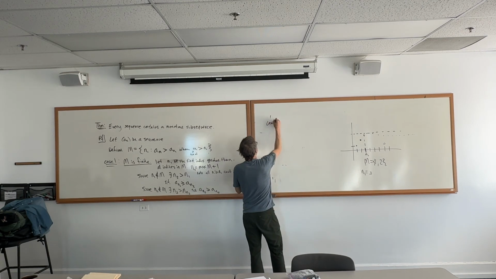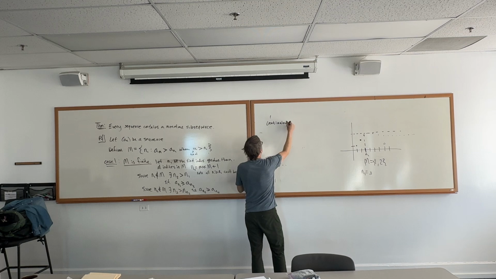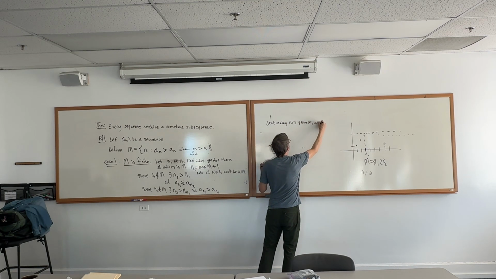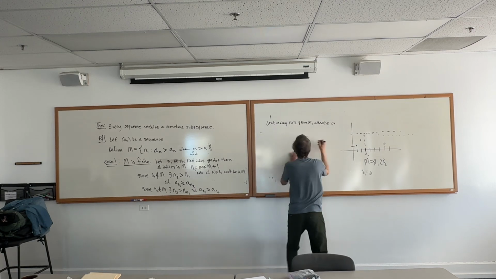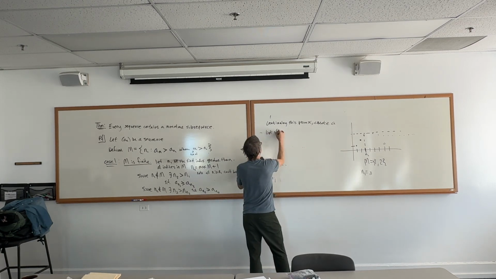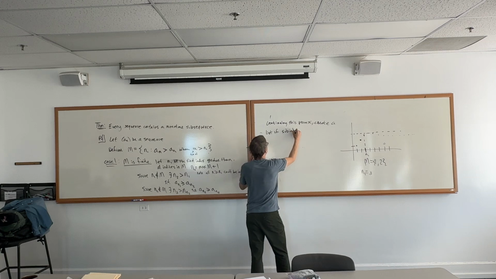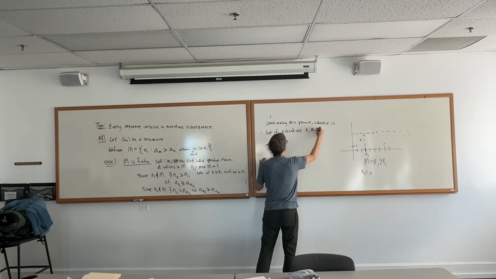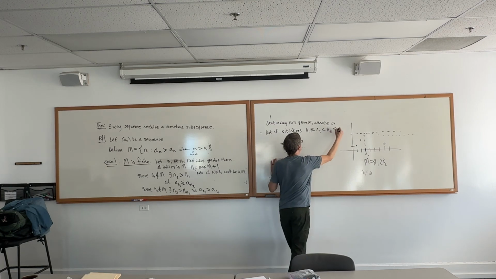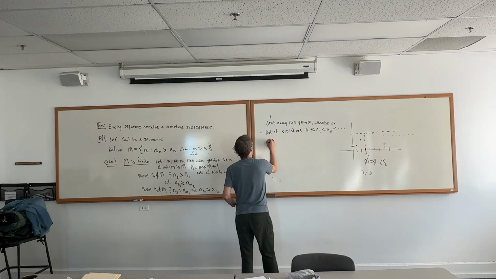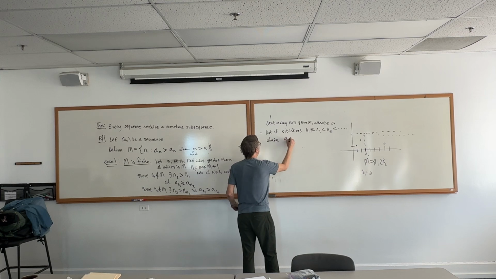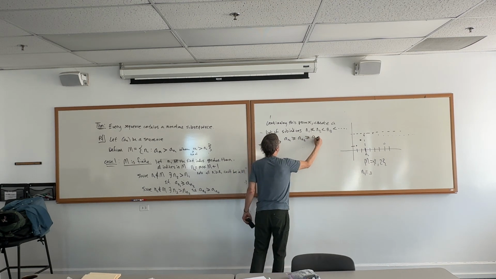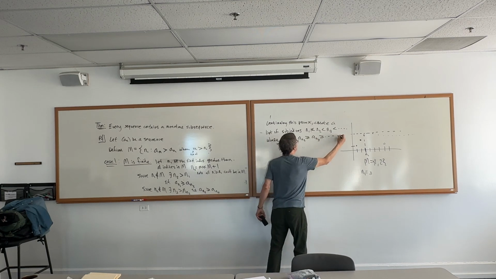So continuing this process, create a list of subindices n1, which is less than n2, which is less than n3, less than and so on, where a sub n1 is bigger than or equal to a sub n2, bigger than or equal to a sub n3, bigger than or equal to and so on.